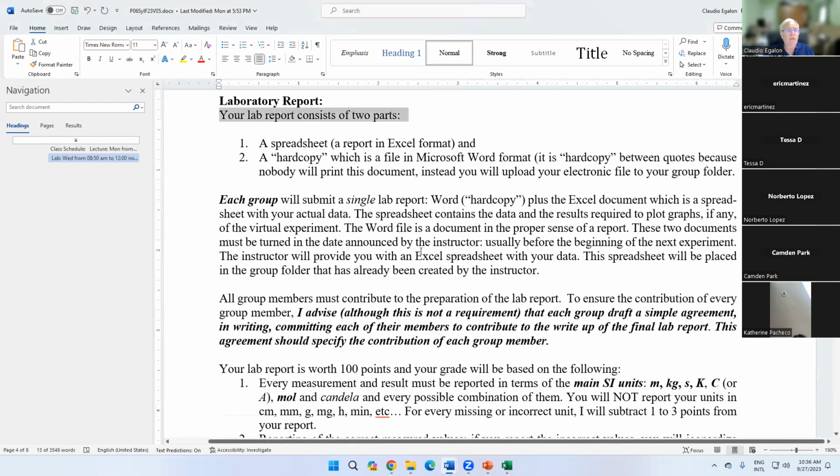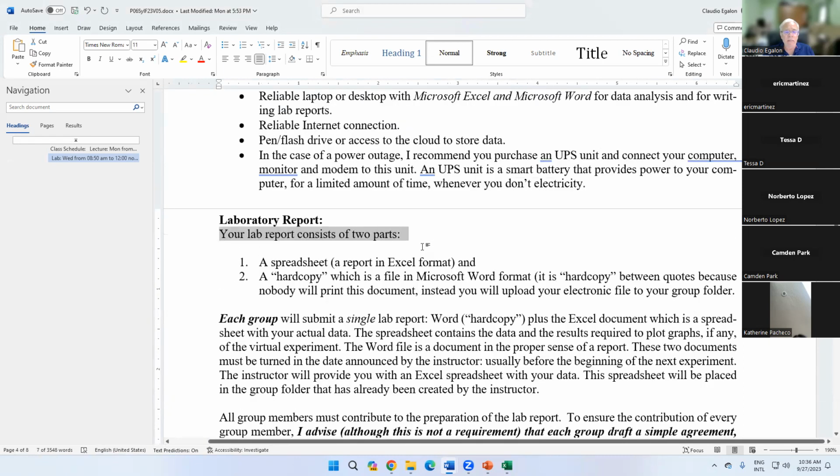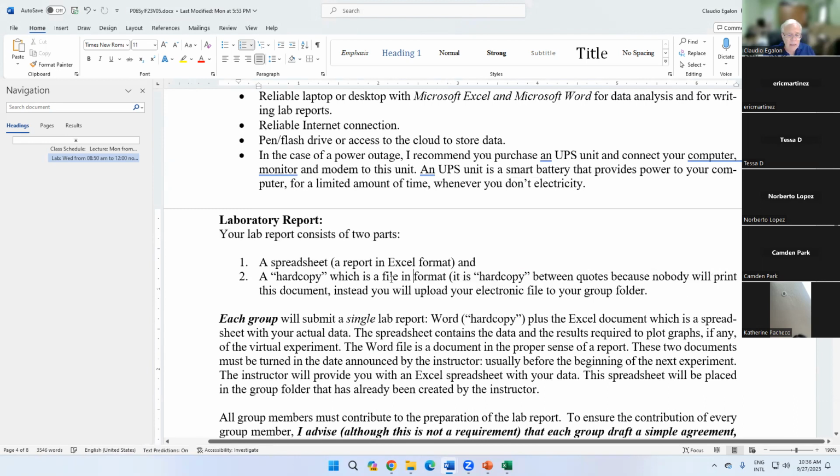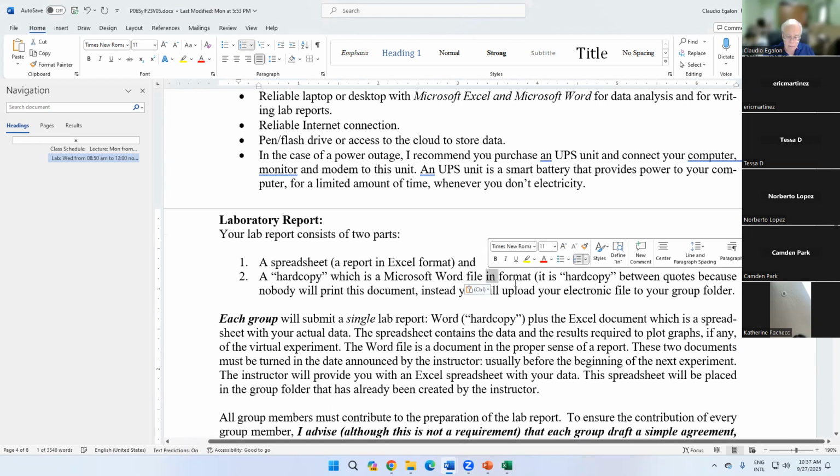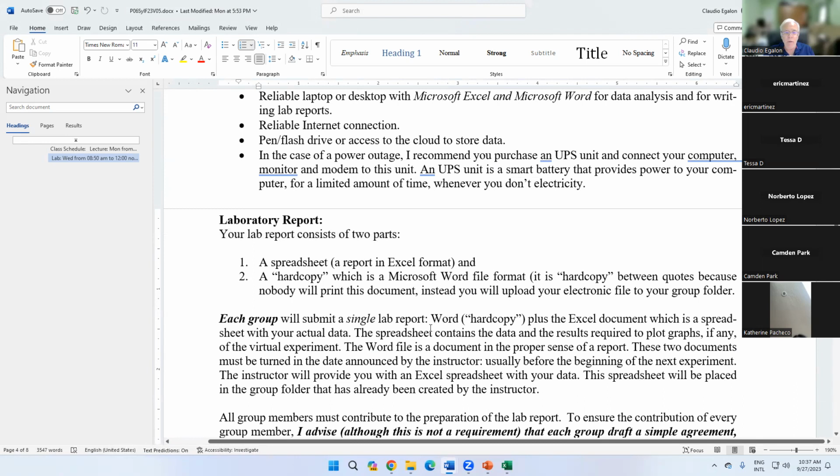Your lab report consists of two parts: a spreadsheet, just exactly what we have worked with up to now, and a hard copy, which is a Microsoft Word file format. It is hard copy between quotes because nobody will print this document. Instead, you upload your electronic file to your group folder.